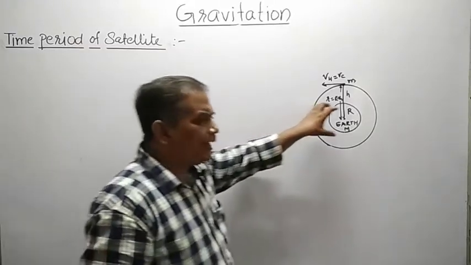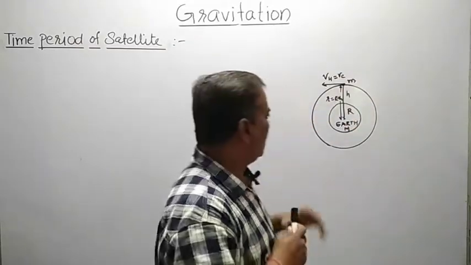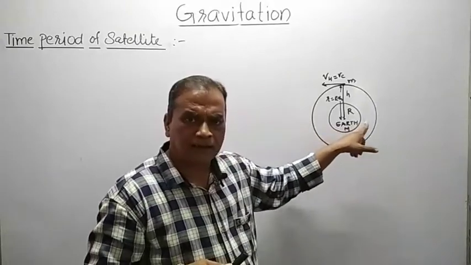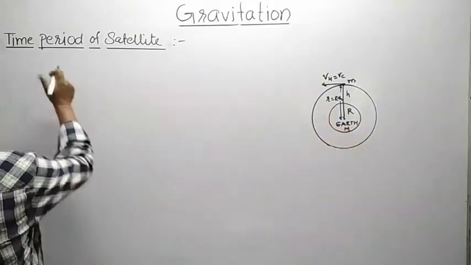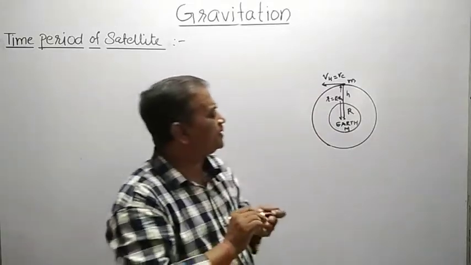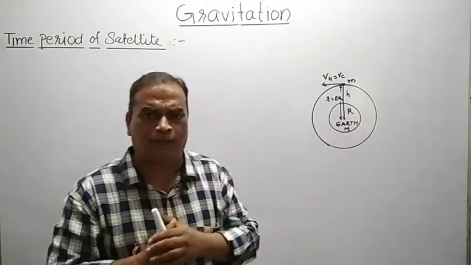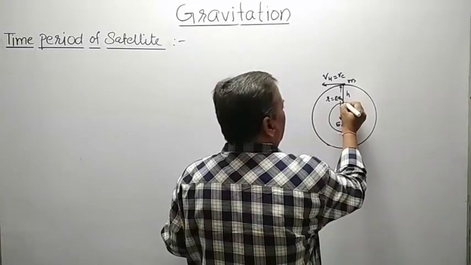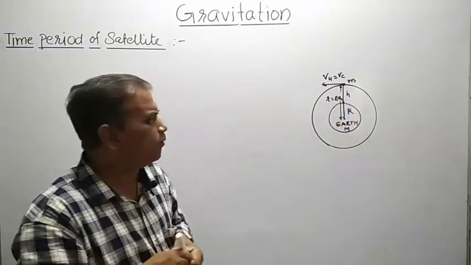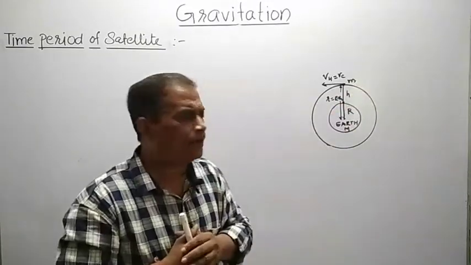So here I have already drawn a diagram where this is our planet Earth. Let capital M represent the mass of the Earth, and capital R the radius of Earth. Suppose we have a satellite of mass small m.